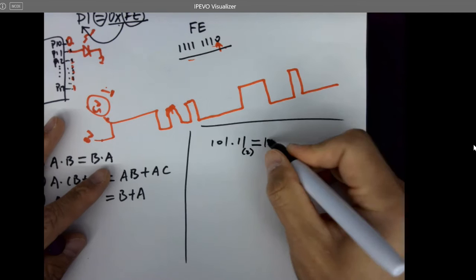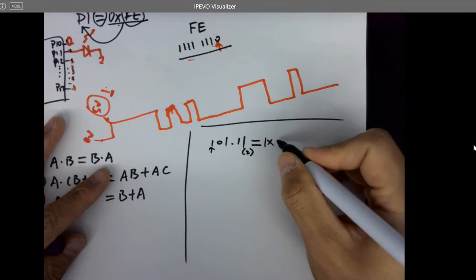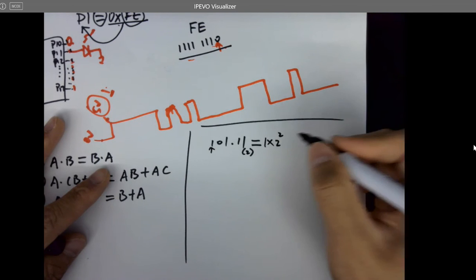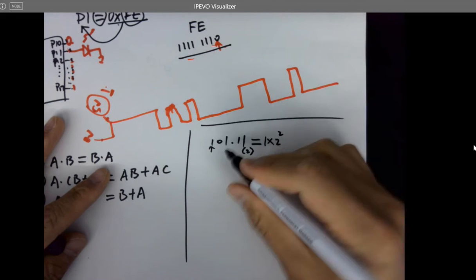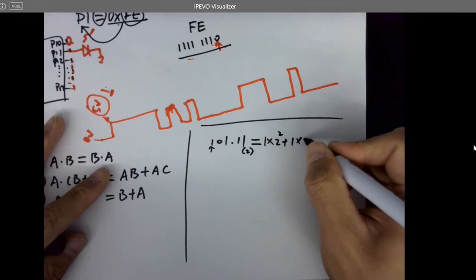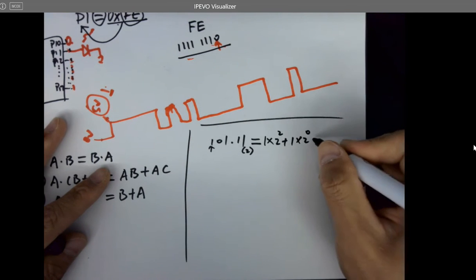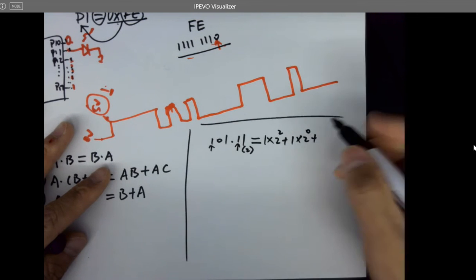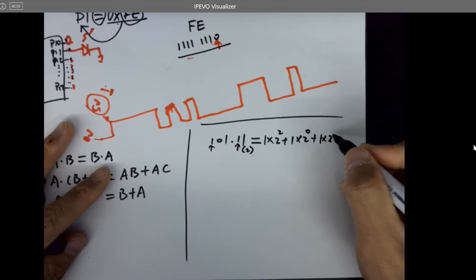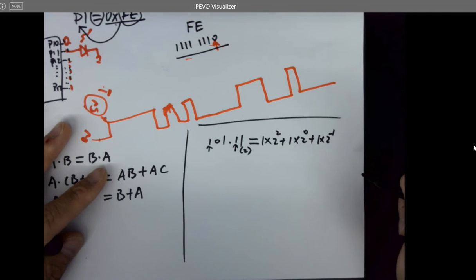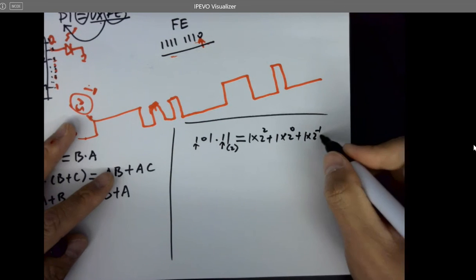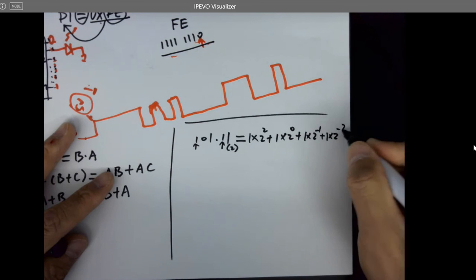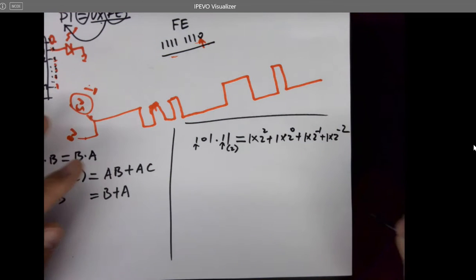So definitely 1 here, right? 1 times 2 squared, plus 1 times 2 to the 0, plus what? What is this? This is how to do it.